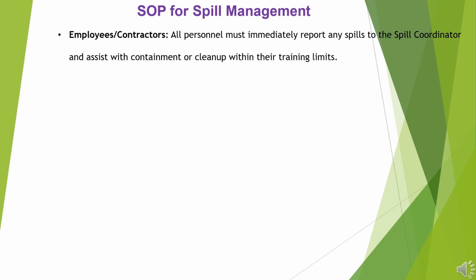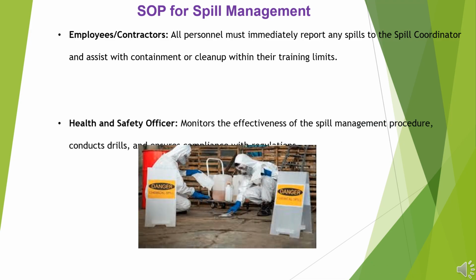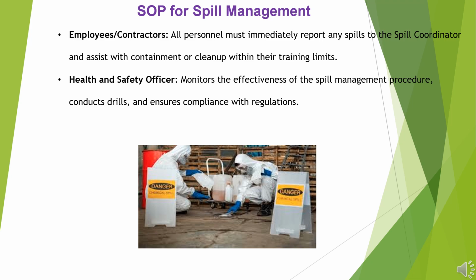Employees/contractors: all personnel must immediately report any spills to the spill coordinator and assist with containment or cleanup within their training limits. Health and Safety Officer: monitors the effectiveness of the spill management procedure, conducts drills, and ensures compliance with regulations.